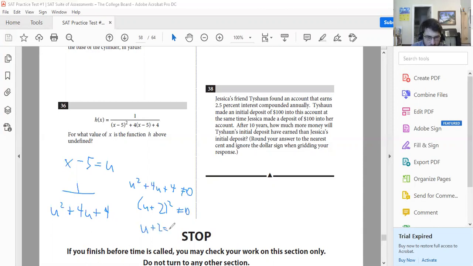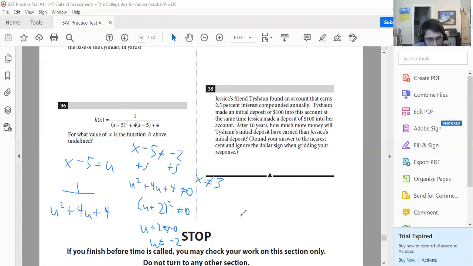So u plus 2 cannot equal 0. That means u cannot equal -2. -2 can't be an answer, and hopefully you realize that. x minus 5 equals -2. Add 5: x really cannot equal 3. That is where it's undefined.